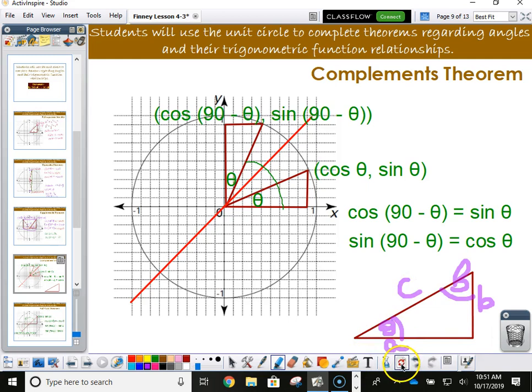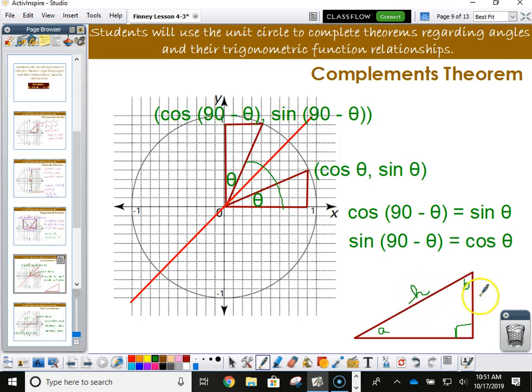So for those of you that didn't get that, let's try it one more time. So if we had a right triangle here, and we said that this angle was A, and this is angle B. This is our right triangle. So there's our right angle. So that means that this is our hypotenuse.